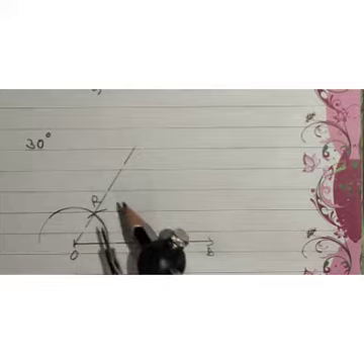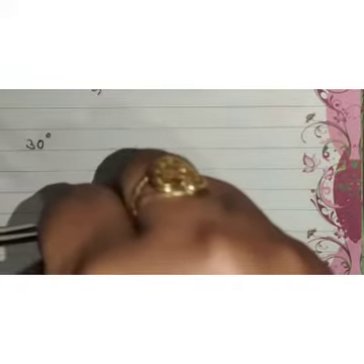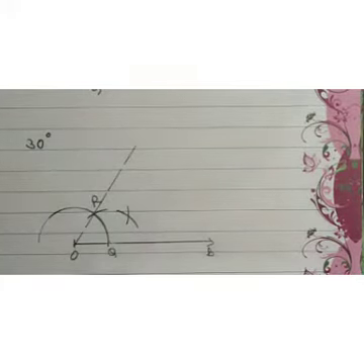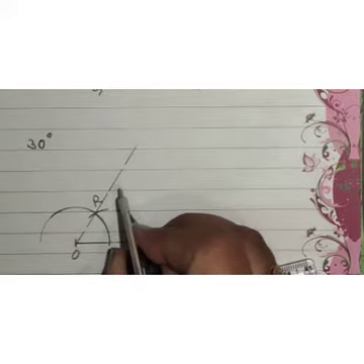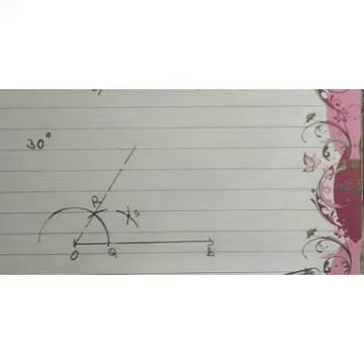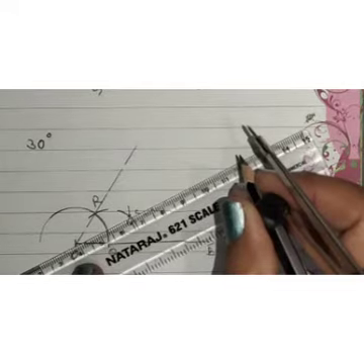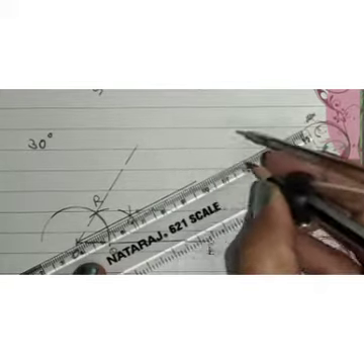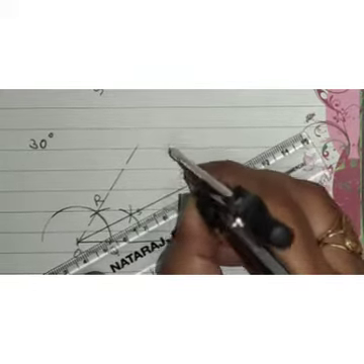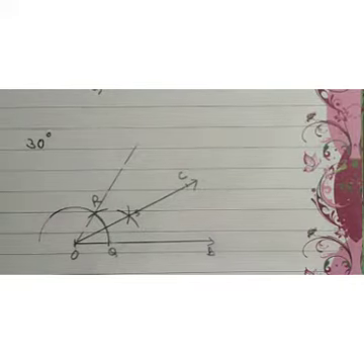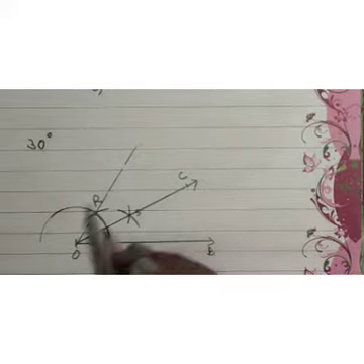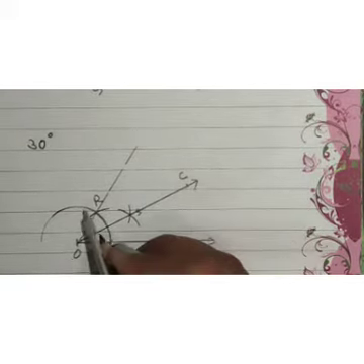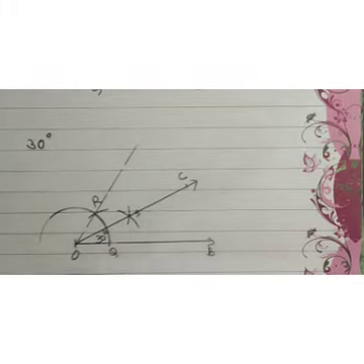With center R and same radius, now we draw another arc which intersect first arc at point, you can take it S. Now join O and S with scale and produce it to C. Thus angle BOC is of 30 degree angle.